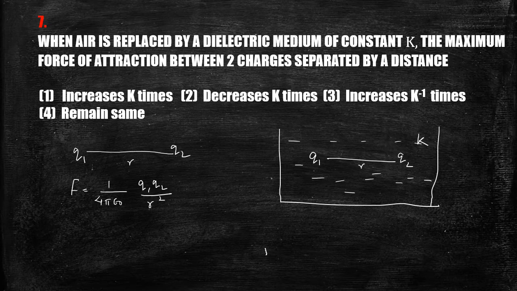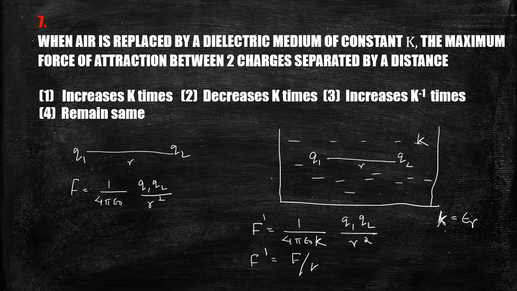Therefore, F dash is equal to 1 by 4 pi epsilon 0 into dielectric constant K, Q1 Q2 divided by r square. K is the same as epsilon r, which is another notation. Hence we find that F dash is equal to F divided by K. That is, the force decreases by K times.